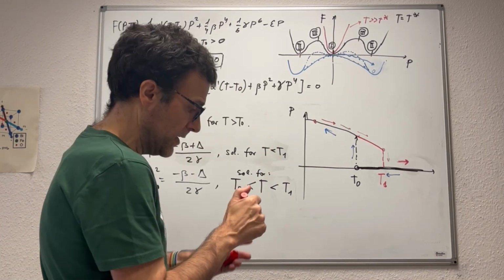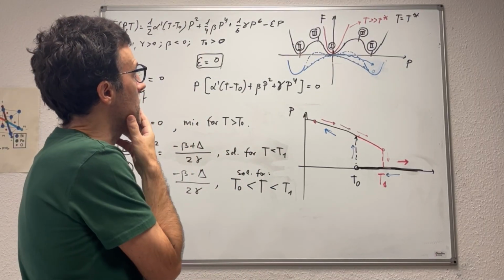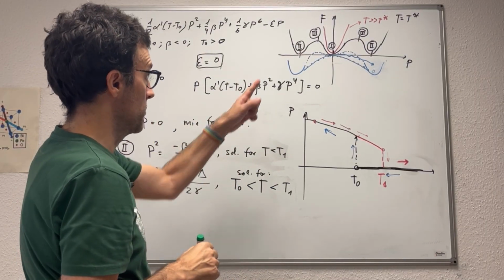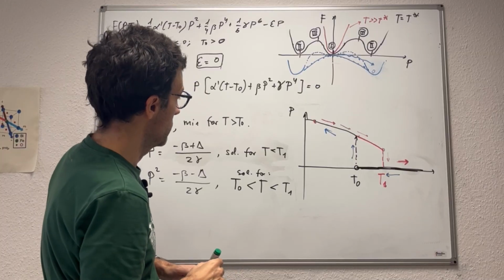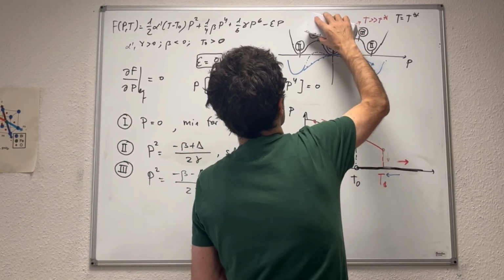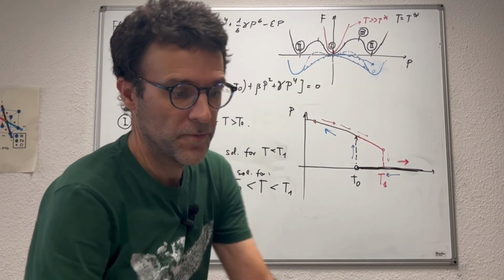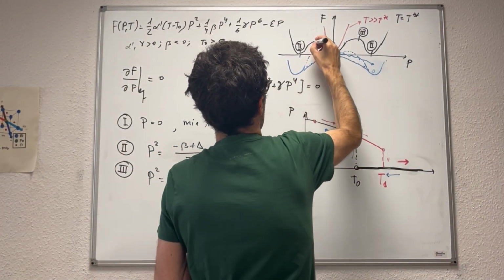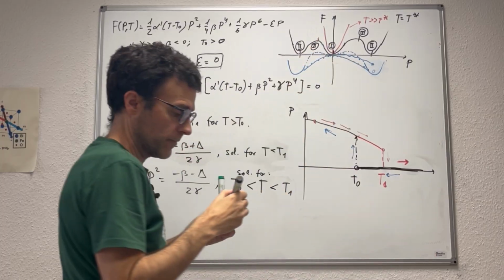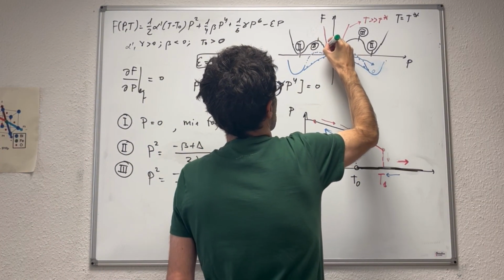Okay. So if I draw the free energy at T1, let me draw it right there, although I'm not sure how that's going to work. Let me make a bit of room. If I draw the free energy at T1, it's going to look like this.